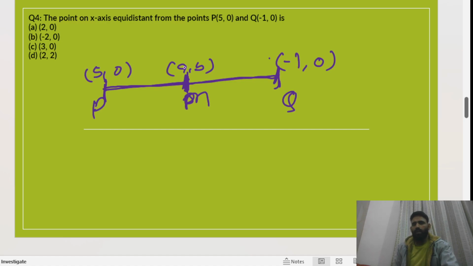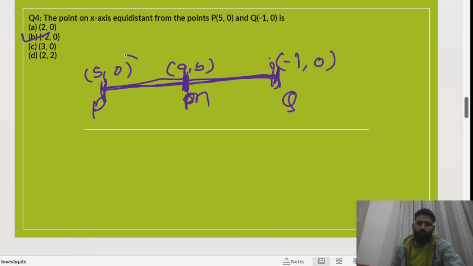So there are a and b values, (-2, 0). Two times the formula: first P to M and second M to Q.